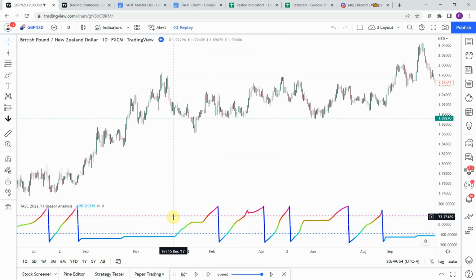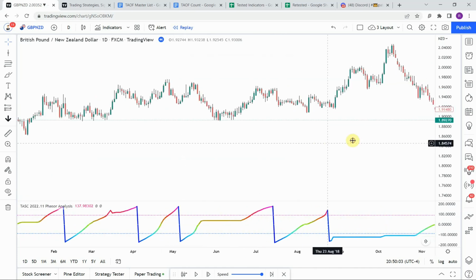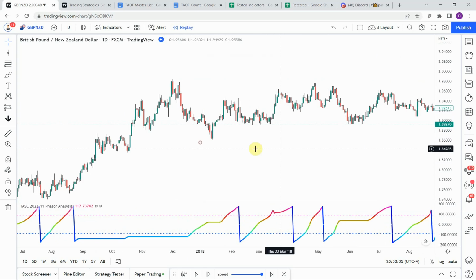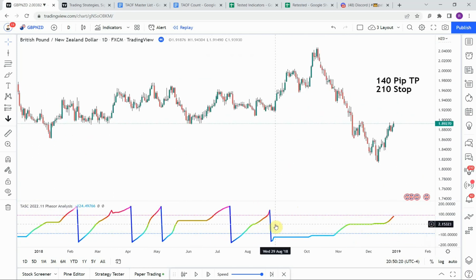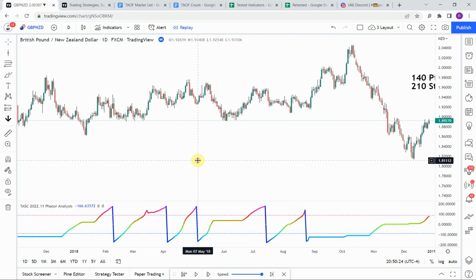And this is the one that the indicator creator shows in the example and references a few times in the description. And so really what we are mindful of here is the zero line, and where the colored line is in relationship to that zero line, and then what the colored line is doing itself.